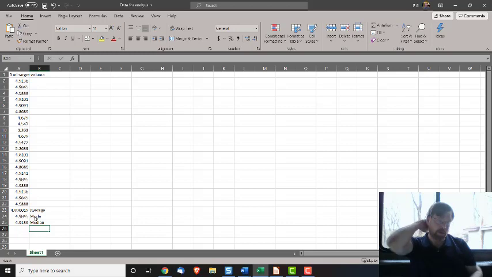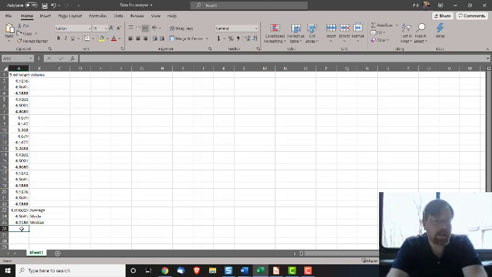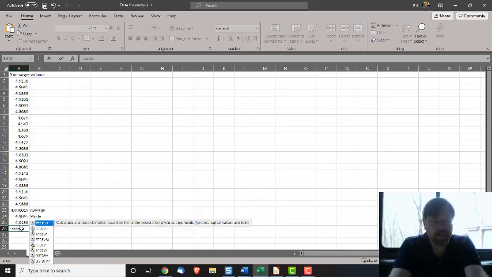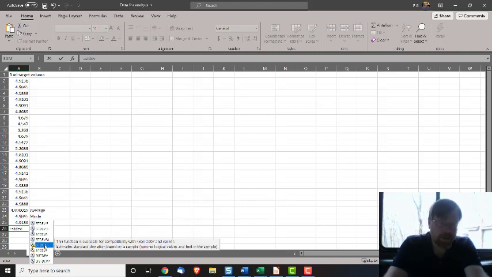They all provide insight into what that central value is. We've also got standard deviation. The old one, STDEV, is what I'm used to using.